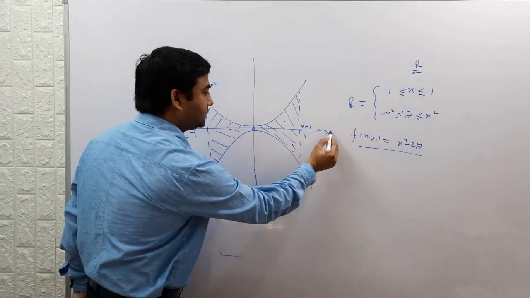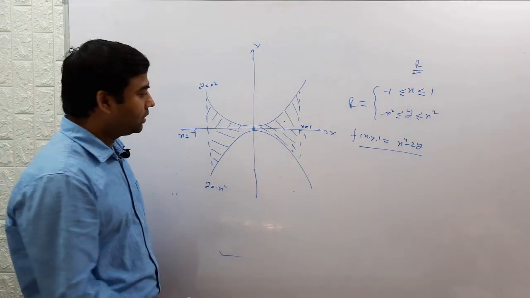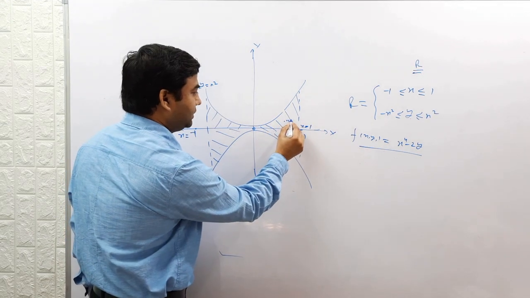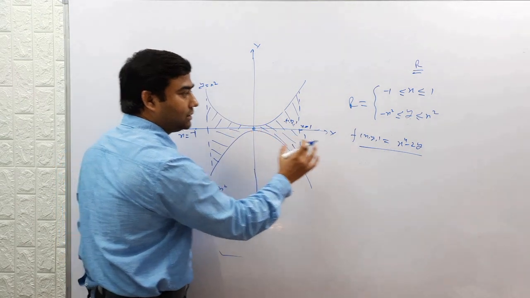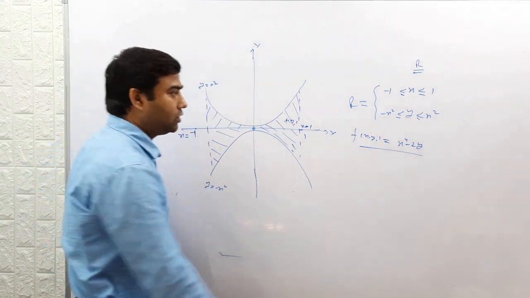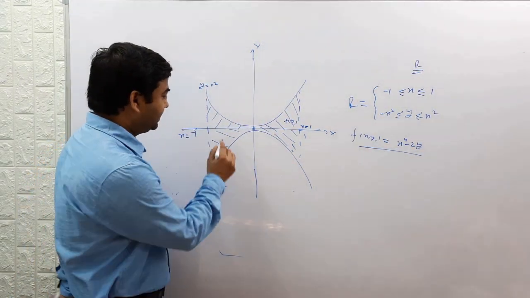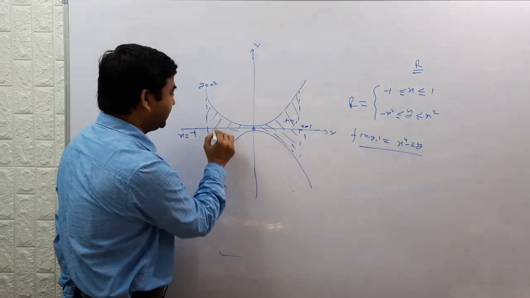This is the x-axis and this is the y-axis. So at any point x comma y, the flow of water is given by this equation. During this region, water has different magnitudes of flow.